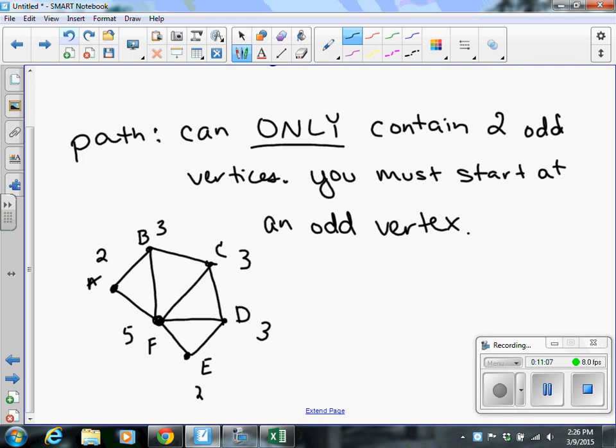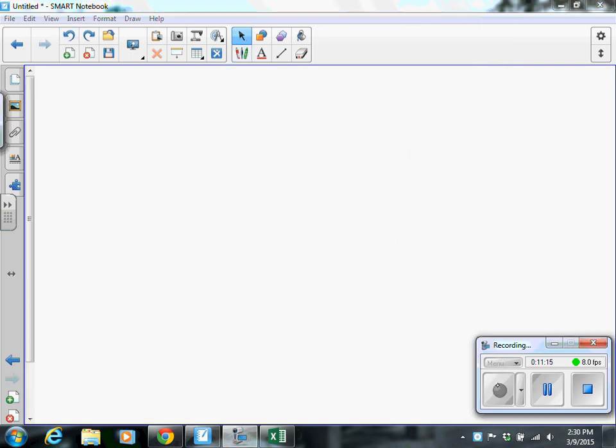Something to notice, when you have to start at an odd vertex, your ending spot will be at the other odd vertex. All right, so with that being said, I've got one problem for you and I want you to figure out if it's a circuit, path, or none.